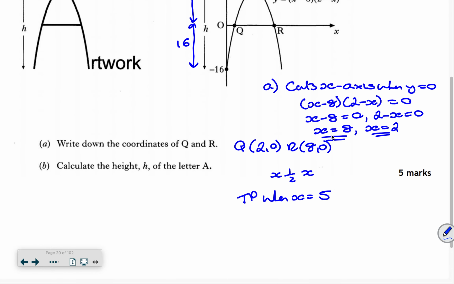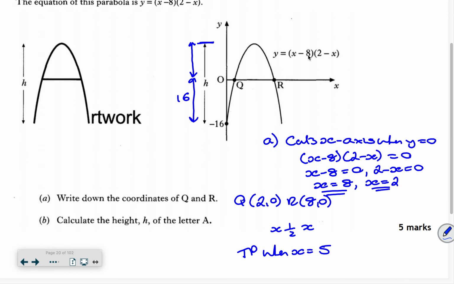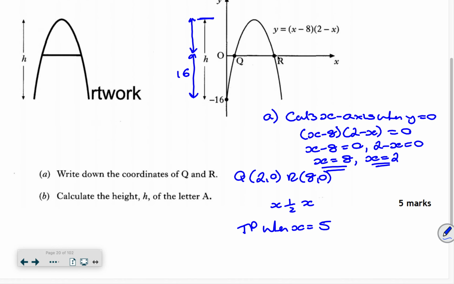So all I'm going to do here is sub in x is 5 into that equation to get the y value. So I can say y is equal to (5 − 8)(2 − 5). So y is equal to −3 times −3. So y is equal to 9. So that height here is going to be 9.